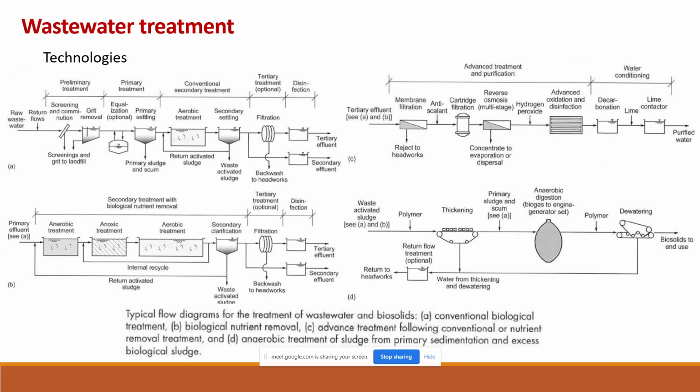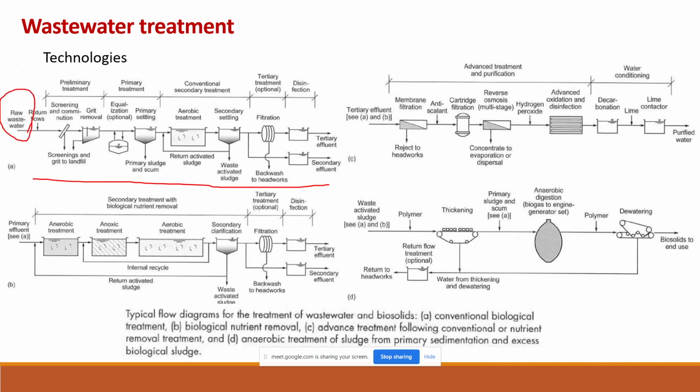The kind of treatment, the treatment stages and the methods employed depend upon your target, like where the treated water will be reused. Fine. So the first figure represents the conventional treatment which is used in most sewage treatment plants or municipal wastewater treatment plants. So this is a conventional biological treatment.